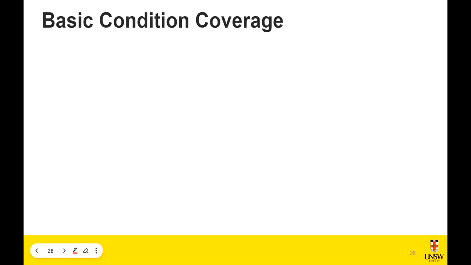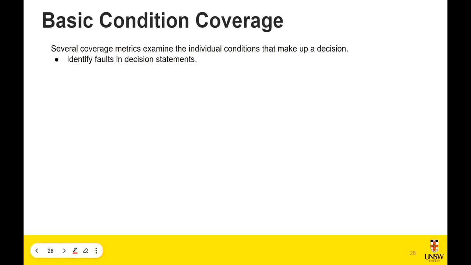Now let's come to condition coverage. For condition coverage, we have a little bit more variations. We have the basic version of condition coverage, which is called basic condition coverage. There are several metrics that examine individual conditions that make up a decision.